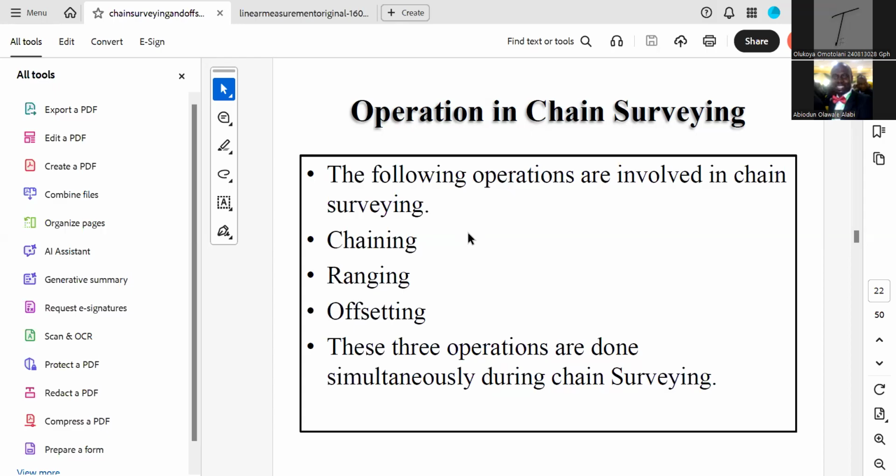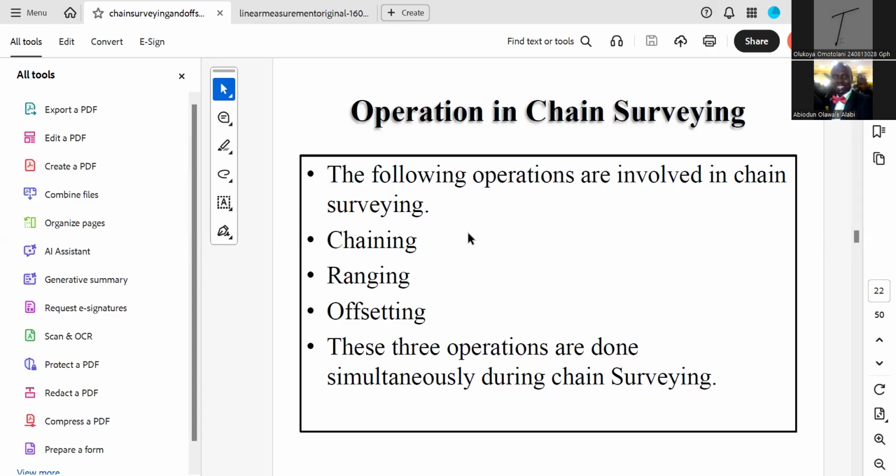And I've told you the reason for doing that, why you range. That led us to discuss the direct ranging and reciprocal or indirect ranging. So now, offsetting.